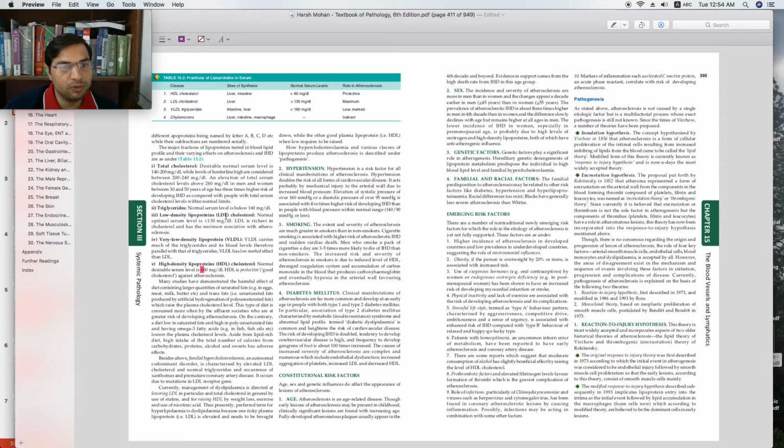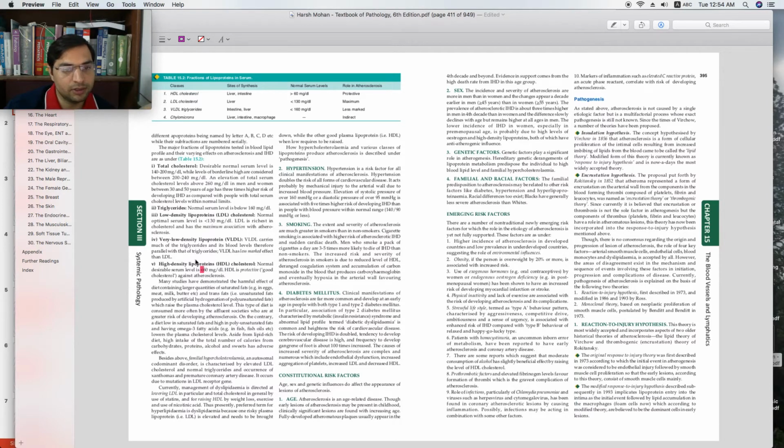Low density lipoproteins are bad lipids, and the limit is 130 mg per dl. Then very low density lipids, then high density lipoproteins, right? HDL cholesterol. High density lipoproteins are good or protective cholesterol, protective lipids, right?